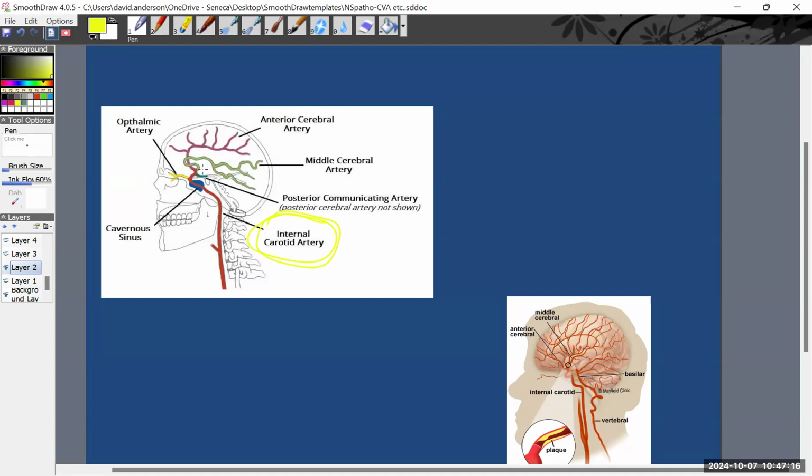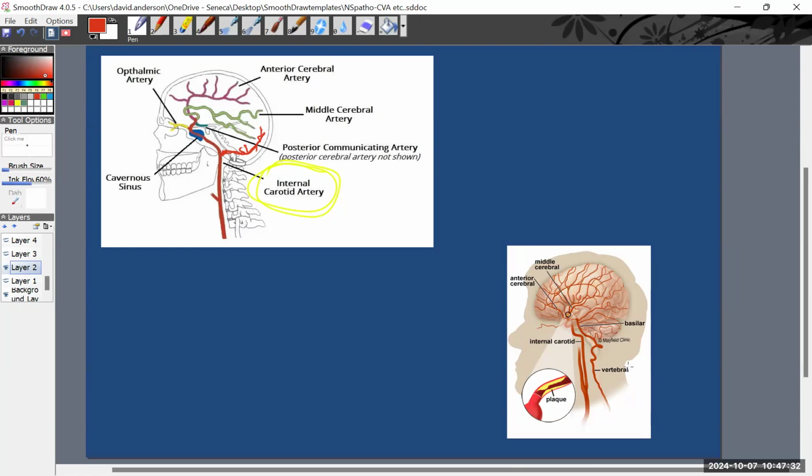Not shown in this diagram, we would have a branch of our posterior cerebral artery. And down in this corner, we add in the vertebral artery.